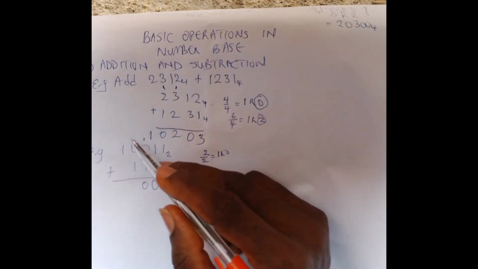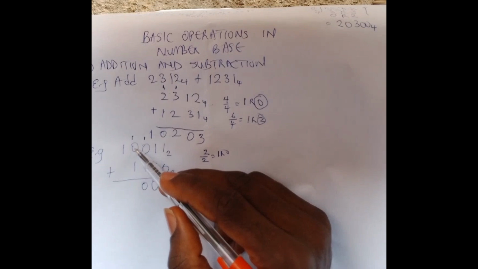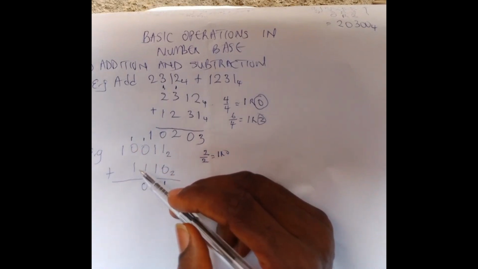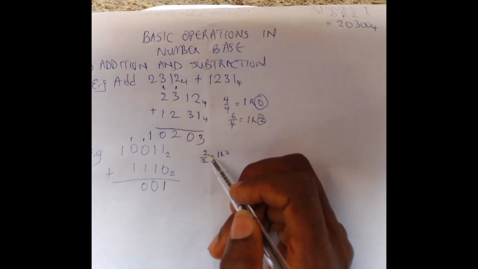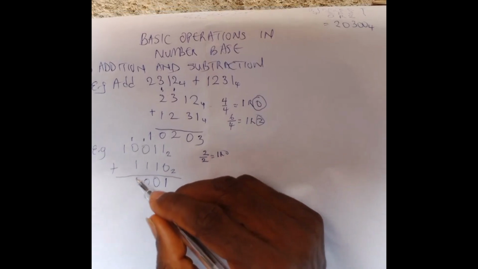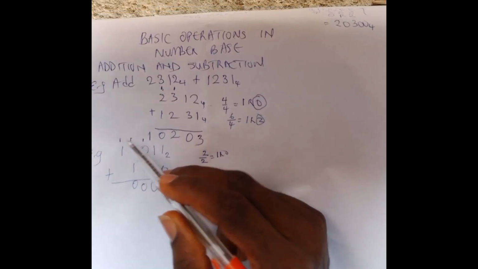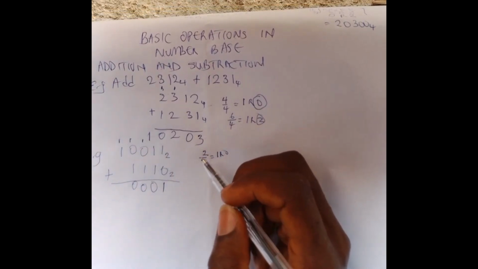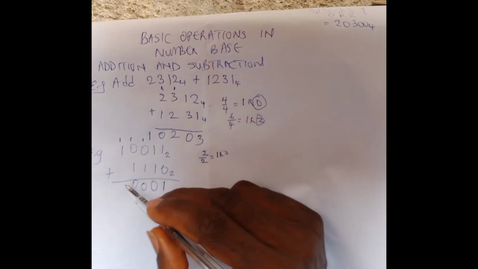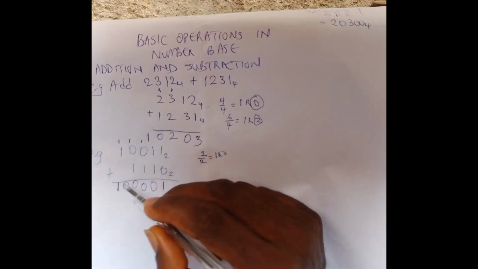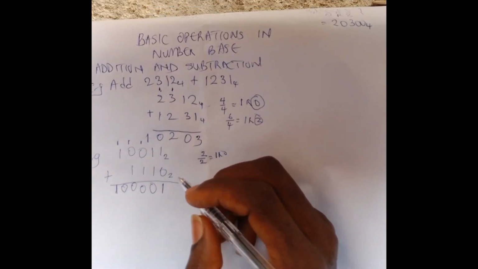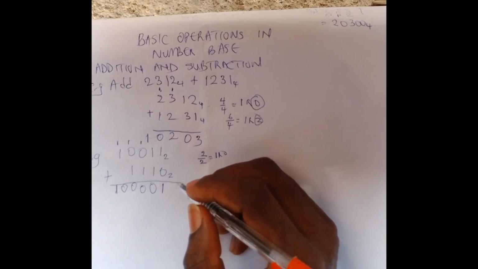Take 1 to the next. 1 plus 0 is 1, 1 plus 1 is 2, same as our base. So we divide it, do the same thing here and write 0. Take 1 here. 1 plus 1 is 2, same as our base. So you do the same thing and write 0 and 1. And this is our answer in base 2.